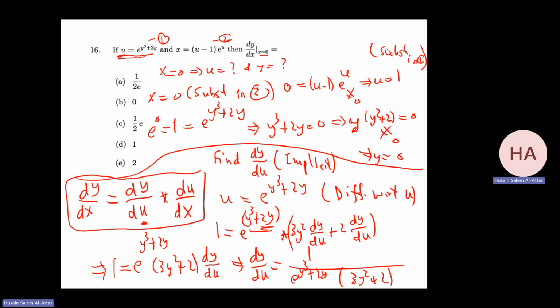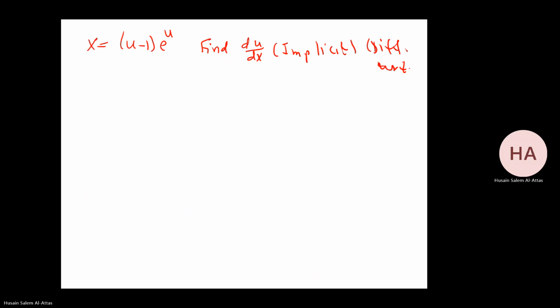Not yet. Now we need to find what? du by dx using this. I have x equals u minus 1 e to the power u. Find du by dx implicitly, and differentiate with respect to x.